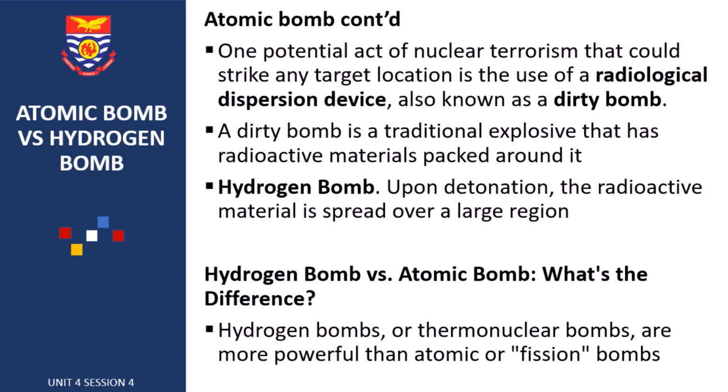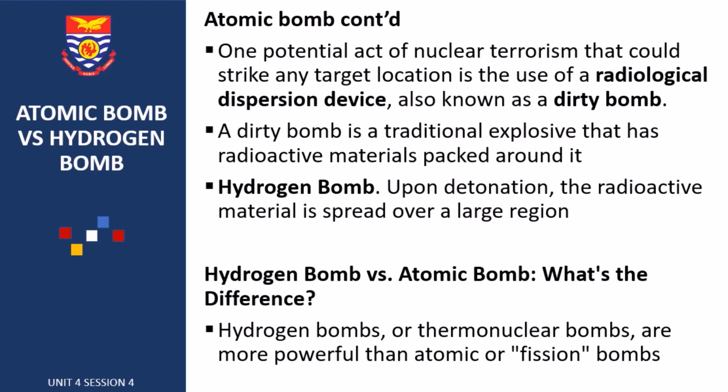Dirty bombs are traditionally explosives that have radioactive materials packed around them. Upon detonation, the radioactive material is spread over a large region, and this is what makes this kind of bomb very deadly, and they are referred to as dirty bombs.